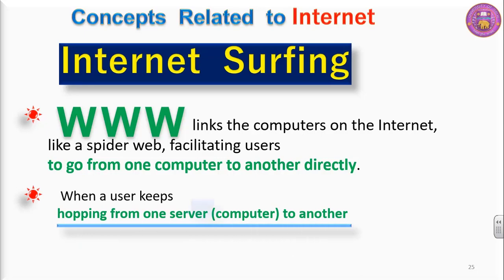When a user keeps moving from one server to another server, it is called surfing. So when a user keeps moving from one web server to another web server, it is called internet surfing.